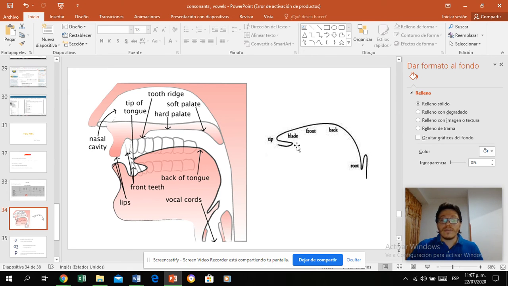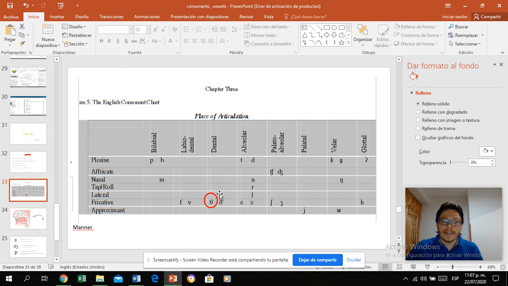That's why it is pronounced like you see, air flows, but the tip of the tongue is in contact with the upper teeth, like math. Okay, very good. That is the reason why it is dental. Now it's fricative because there is a friction of breath in a narrow opening, producing a turbulent airflow. There is a friction of breath.